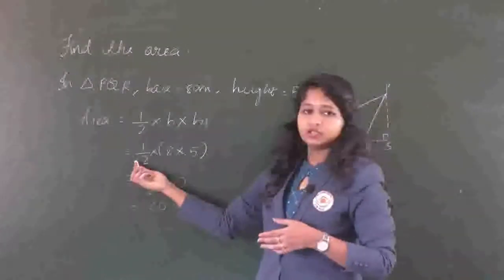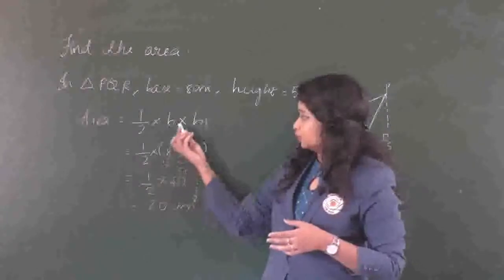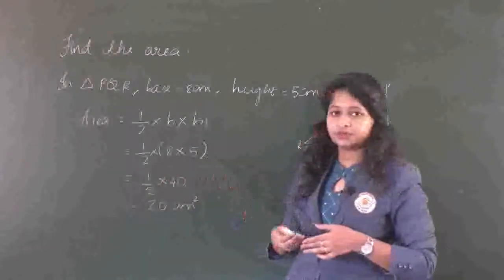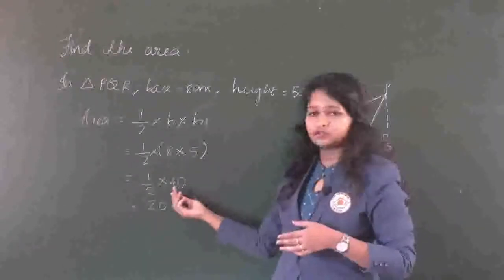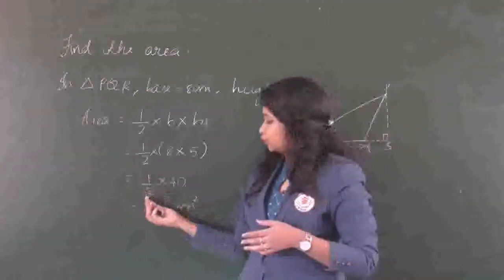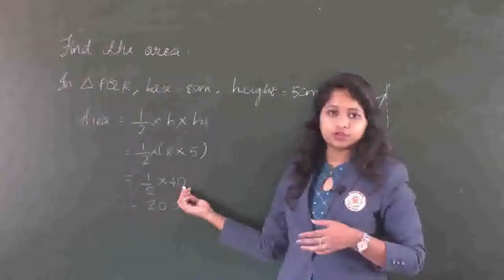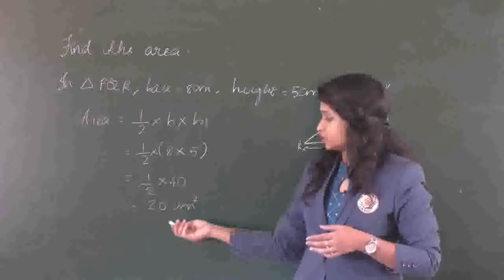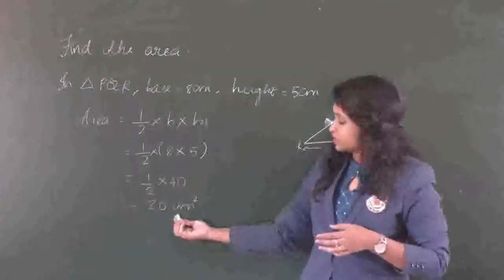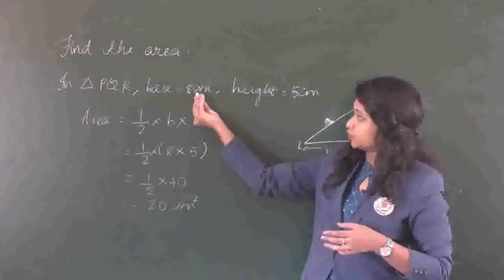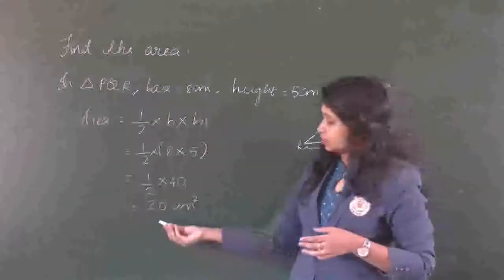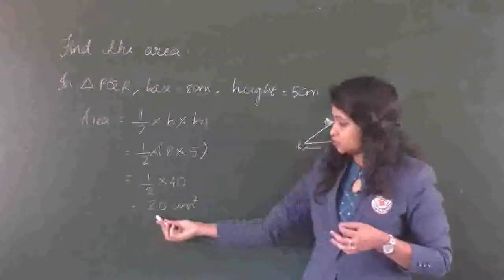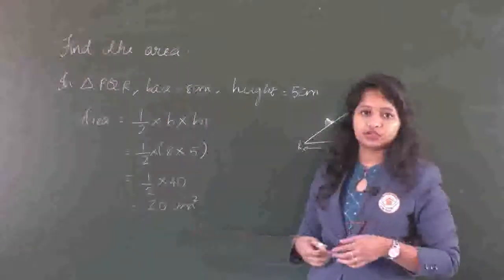So, it is 1 by 2 into 8 into 5. 8 into 5 is 40. So, 1 by 2 into 40 is 40 divided by 2, which is 20 centimeter square. Here we have the unit as centimeter. So, the area of triangle is 20 centimeter square.